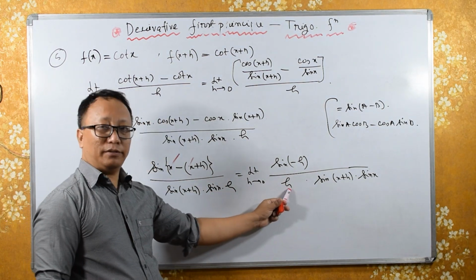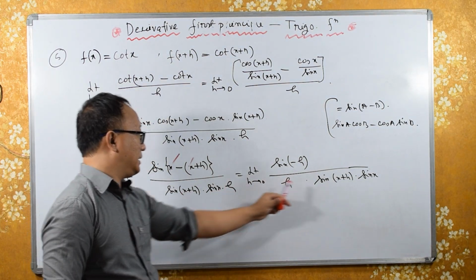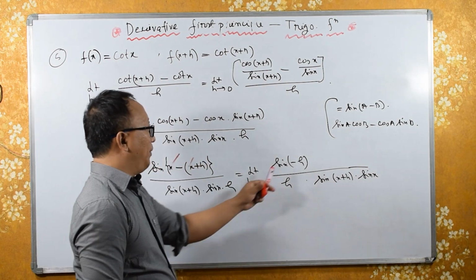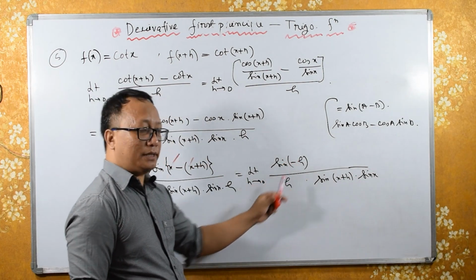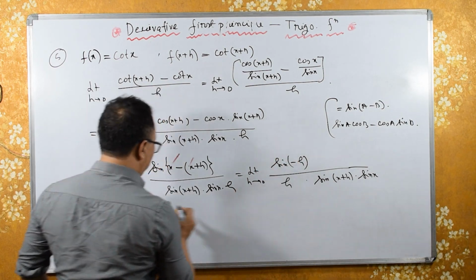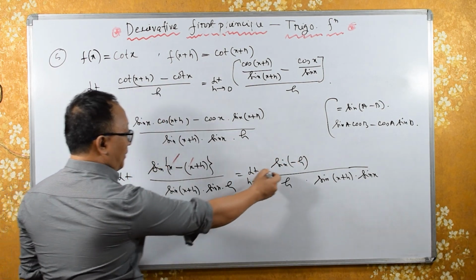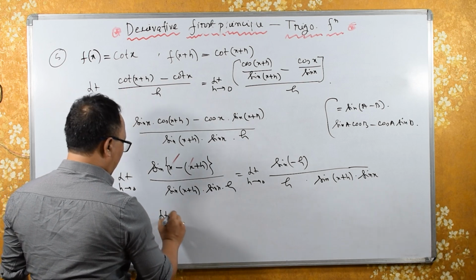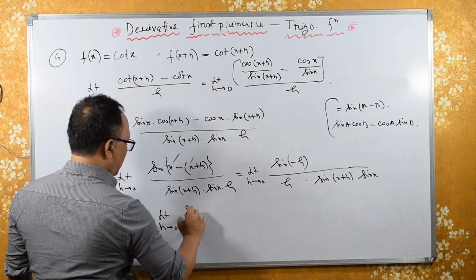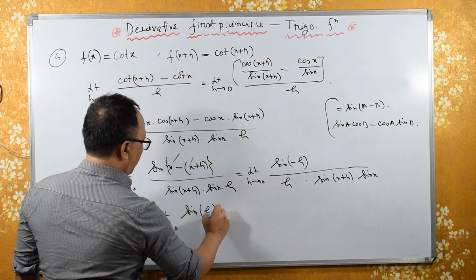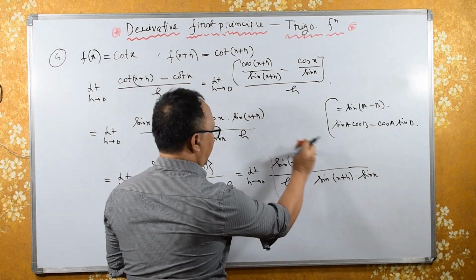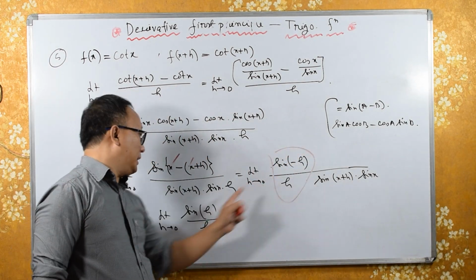This h I am writing over here, and sine of x plus h is sine of x plus h, and this sine x is here. We know that sine of minus theta is minus sine theta, so I can bring this minus outside. So if I bring this minus outside, minus limit of h tends to 0, sine of h upon h, this we have.